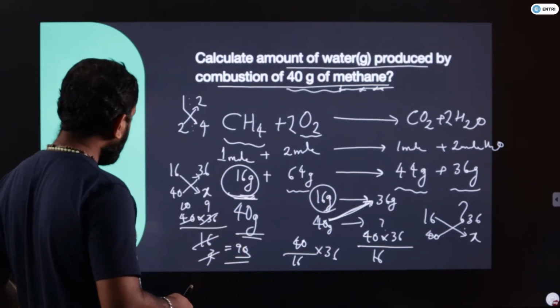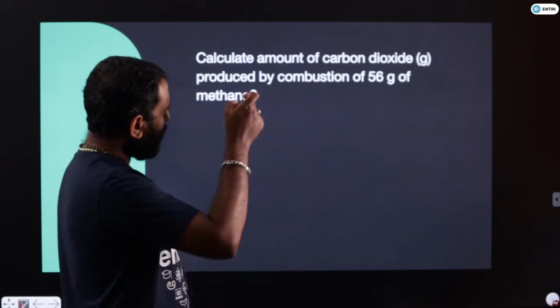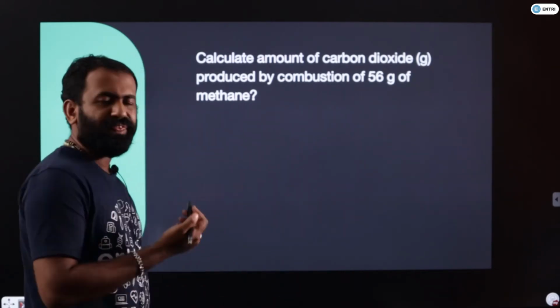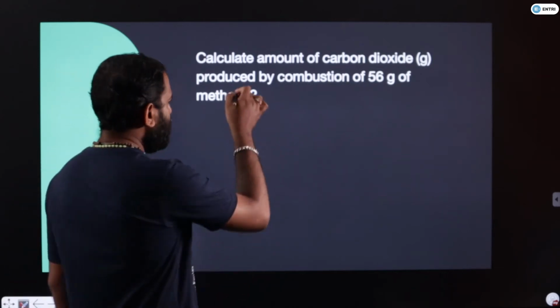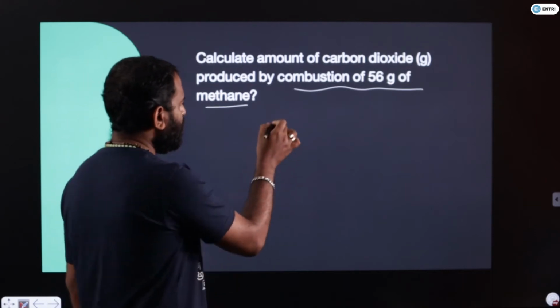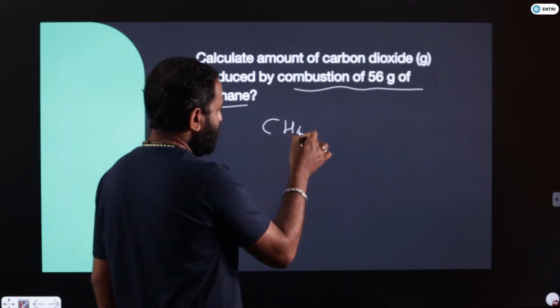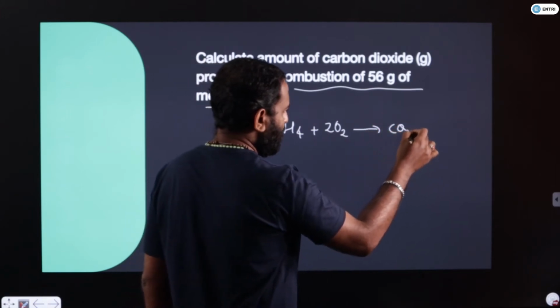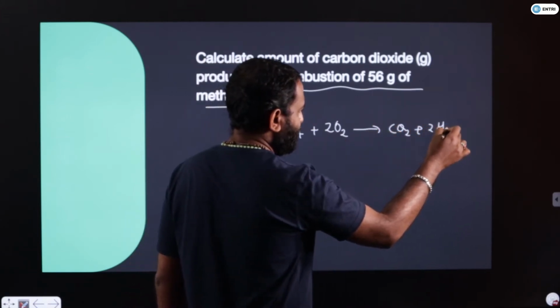One more question: calculate the amount of carbon dioxide produced by combustion of 56 gram of methane. The process is combustion of methane, so the reaction is CH4 plus 2O2 gives CO2 plus 2H2O.